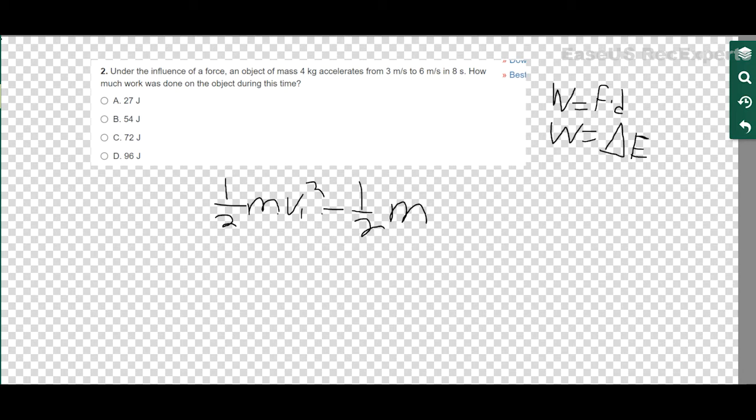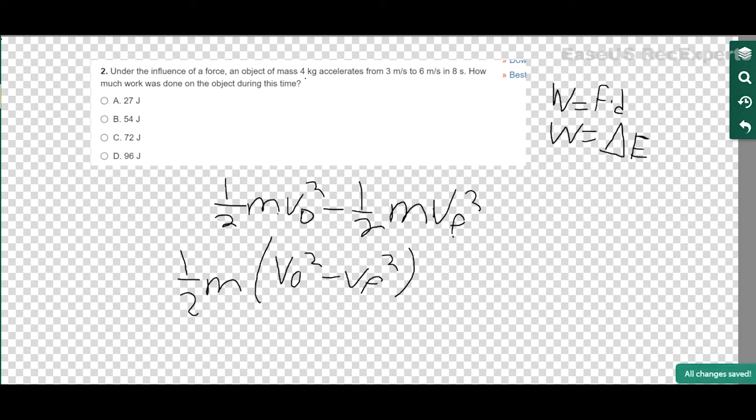So we'll label this as V1, or V initial. We'll label this as V final. Right, so now we have 1/2 m, we can factor that out. Then we get V final squared minus V initial squared. Sorry, you're supposed to do V final minus V initial, my bad. And that should be changed up here too.